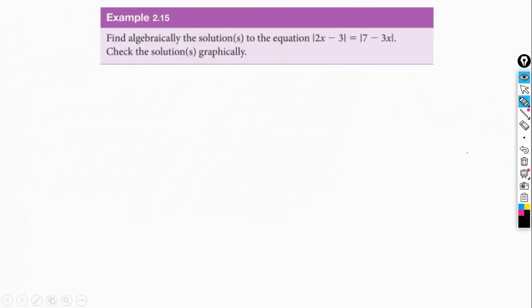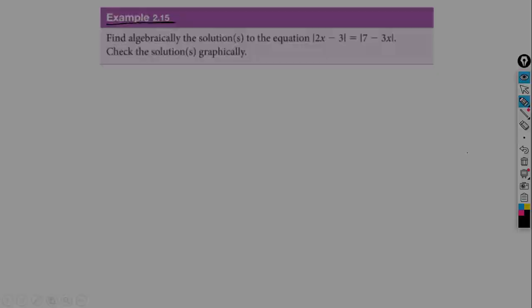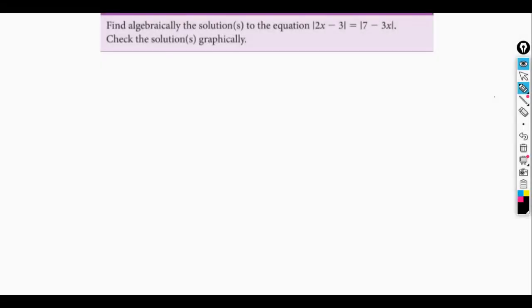Next, we're going to take a look at example 2.15. And it says, find algebraically the solution or solutions to the equation: absolute value of 2x minus 3 is equal to the absolute value of 7 minus 3x. So absolute value equals another absolute value. And then check the solution or solutions graphically. In these cases, it's not very different from what we did before.